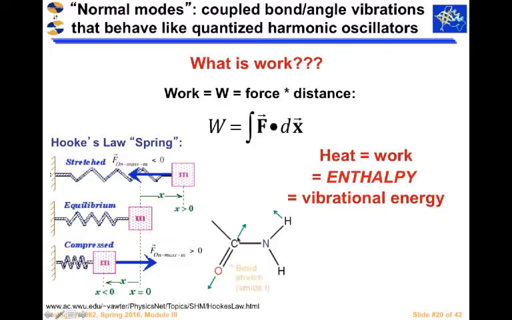So with that, now in a protein, that carbonyl stretch is called the amide 1 bond stretch. In a protein, another important vibrational normal mode is the angular rocking of this NH group, which is called an amide 2 mode.